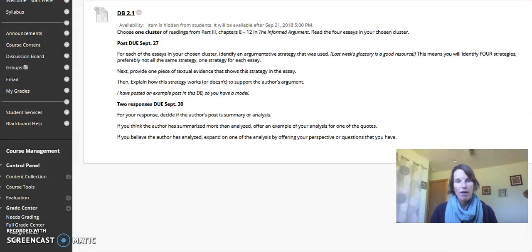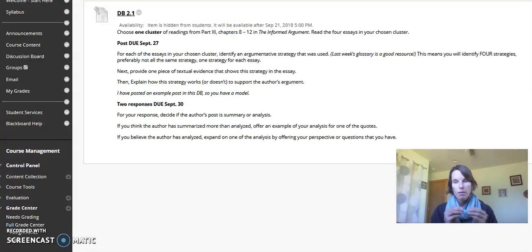If the author has summarized more than analyzed, then you're going to offer some recommendations about how that could be turned into an analysis. If the author has analyzed, you can expand on one of those analyses, or describe how you saw something else in it, or maybe you have a different analysis of that strategy or that textual evidence.